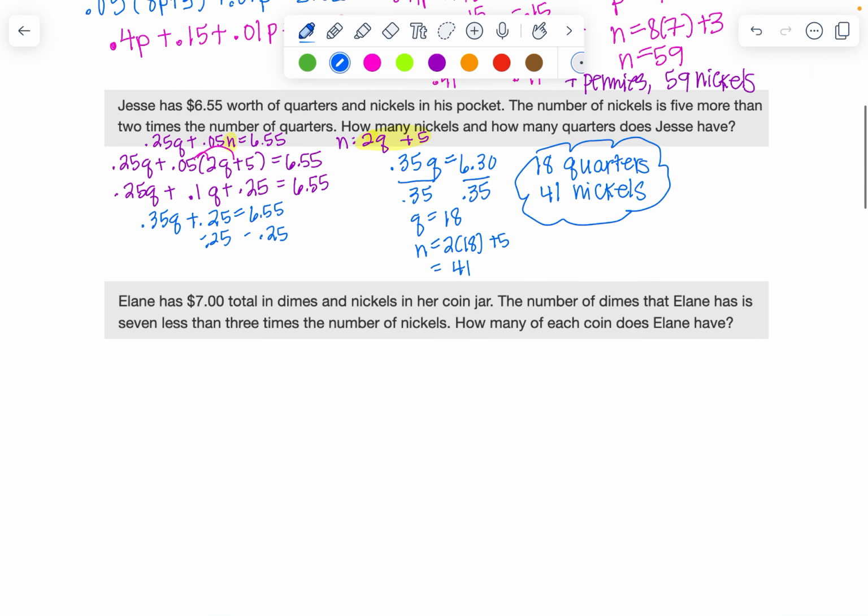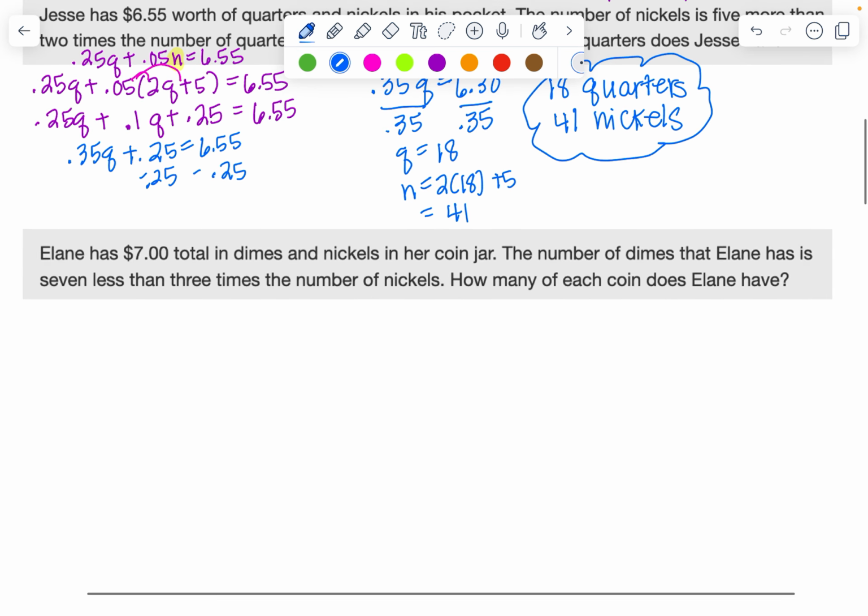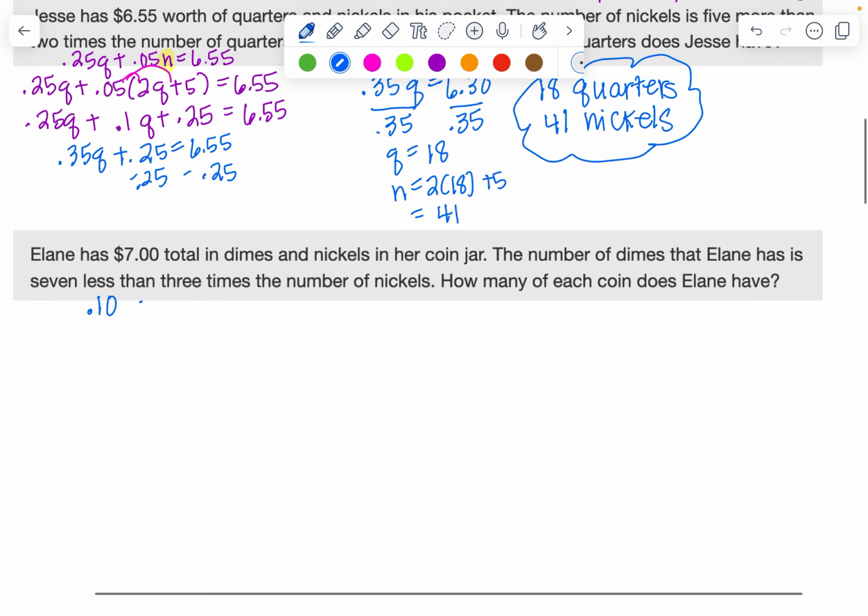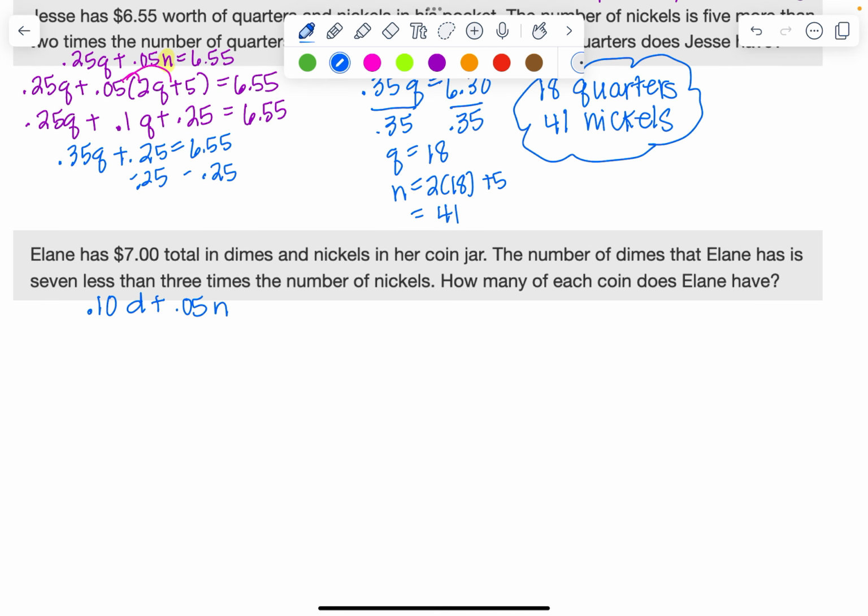All right, Elaine has $7 total in dimes and nickels in her coin jar. The number of dimes that she has is 7 less than 3 times the number of nickels. So we'll say 0.10D plus 0.05N equals 7. You can put 7.00, but you don't have to. You can just keep it as 7.